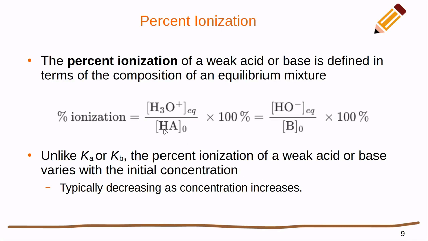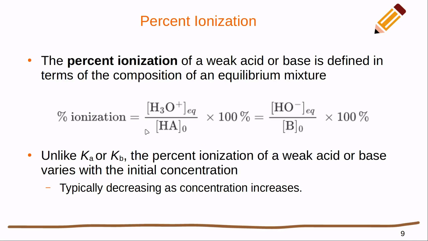Another value that can be useful for quantifying the strength of an acid is something called percent ionization. Basically it's how much hydronium or hydroxide ion is produced divided by the initial concentration of the acid or base. So this is the initial concentration, not the equilibrium concentration.